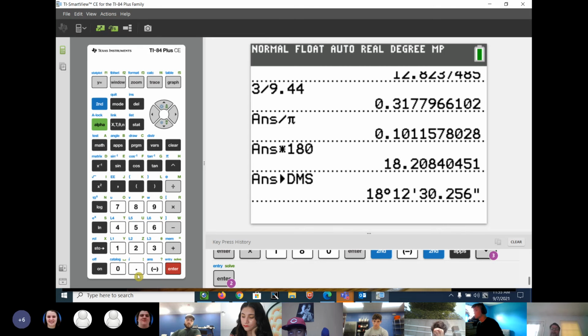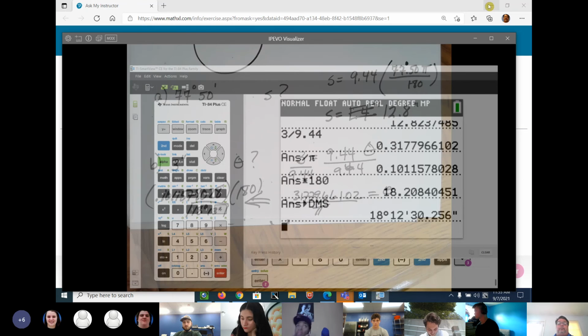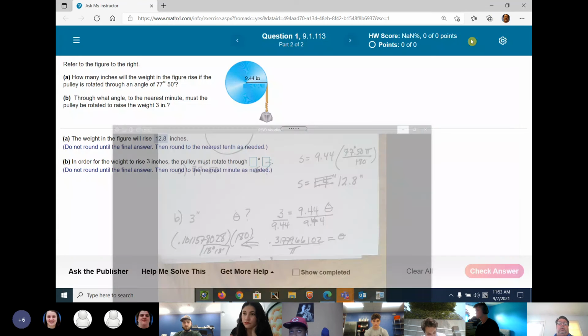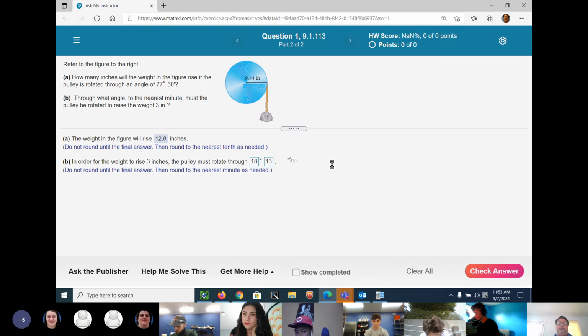Because 30.256 is over 30, so that would bump that up to 13. Well, it does say round to the nearest minute. So 18, 13. And you should feel good about yourself.